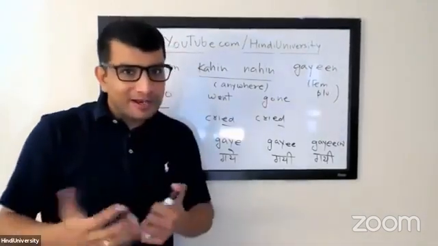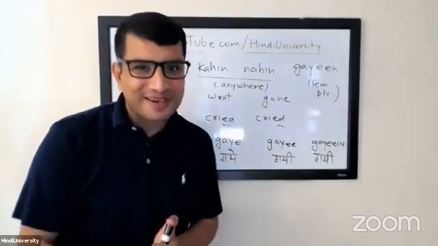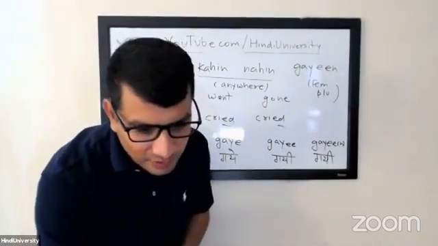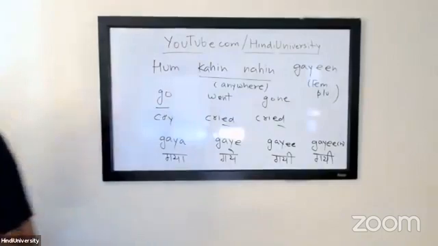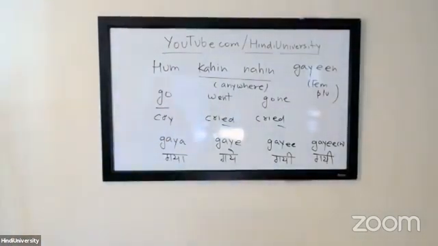It's important that you participate as well. Write it down and tell me where you will use it. You have to use the verb jana in the past tense. Take your time, and I'm going to be asking each of you.